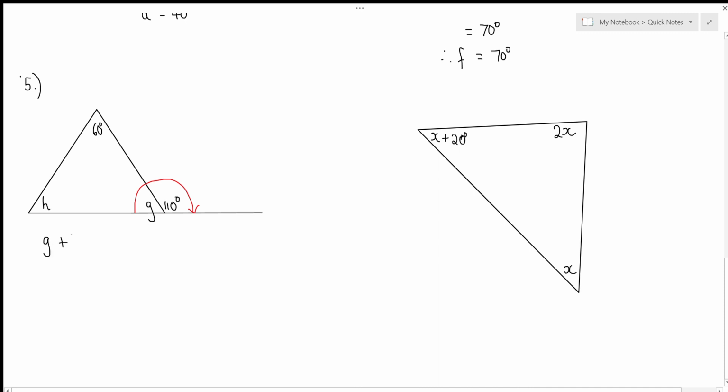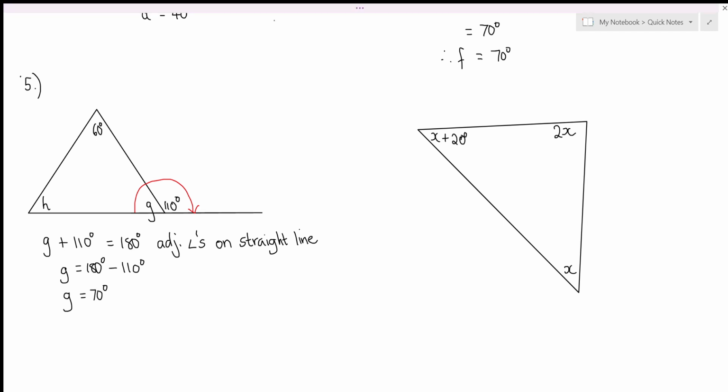Adjacent angles, meaning next to each other on a straight line, equal 180 basically. Okay, so G is equal to 180 degrees, subtract 110 degrees, so G is equal to 70 degrees.